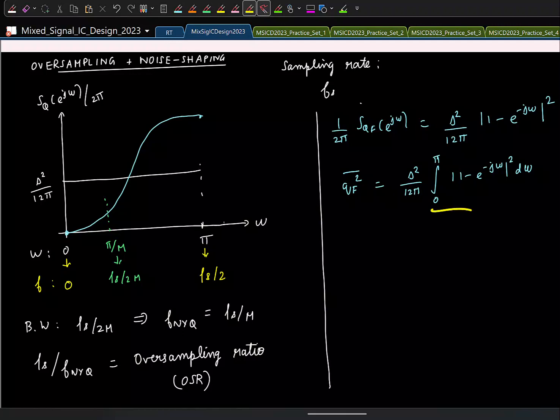So how will I solve this? Of course I can do this, but is there something you can do to simplify it? Let's say, without solving this integral, is there something? If I say the name Parseval, does it ring a bell? Parseval.